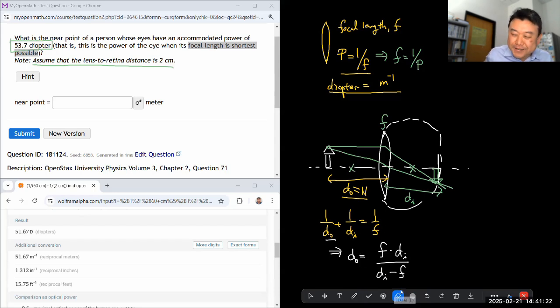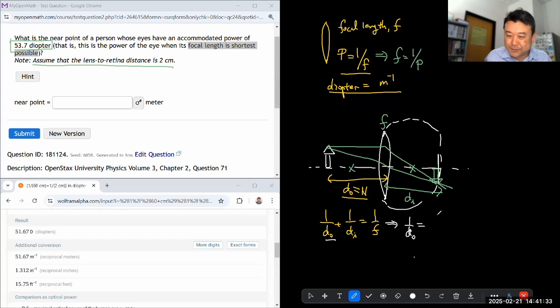Actually, let me do this algebra by hand. I'm suddenly starting to doubt myself. So doing the algebra step by step, 1 over DO is equal to 1 over F, and I move 1 over DI over, minus 1 over DI. I combine the fractions.